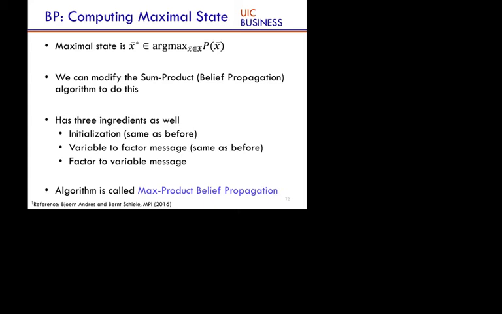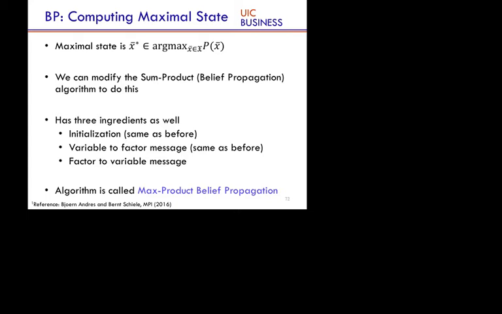It again has 3 ingredients: initialization, variable to factor messages, and factor to variable messages. In fact, these messages are the same as before, except for one set of messages. Initialization is the same. Variable to factor messages: accumulate all the messages that I got from other factors, multiply them, and send it to the factor of interest.